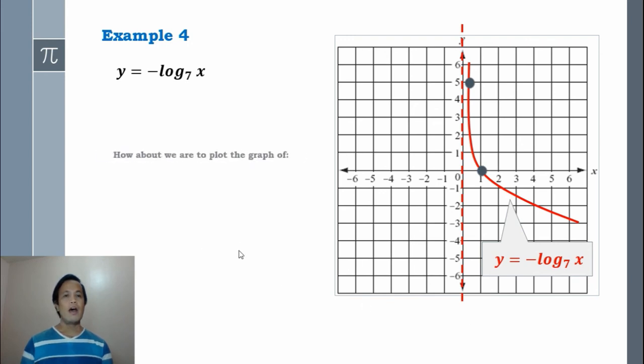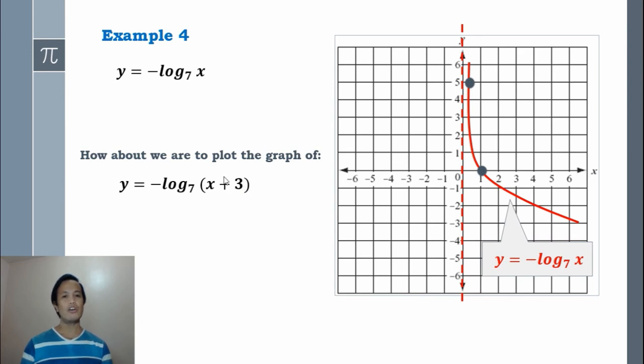How about we plot the graph of, this time, the function with a horizontal translation of positive 3: y equals negative log of x plus 3 base 7. Now we have the horizontal translation of positive 3. That means this graph will move 3 units to the left.